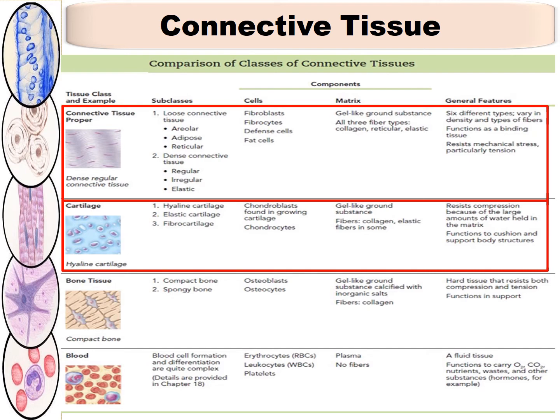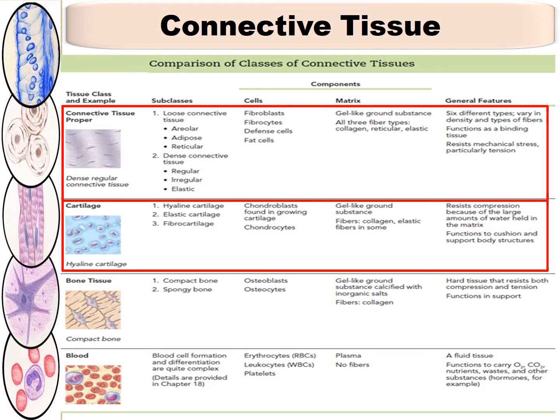Then, as a major component, these cartilages have the matrix, which is the gel-like ground substance with fibers: collagen, elastic, and some others. As a general feature, cartilage resists compression because of the large amount of water held in the matrix, and it functions to cushion and support the body structure.